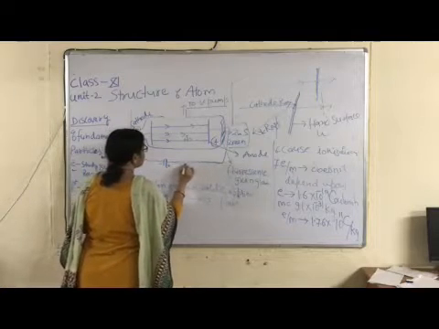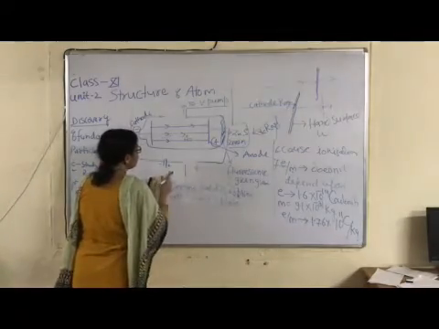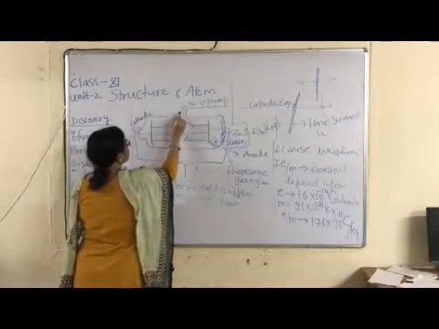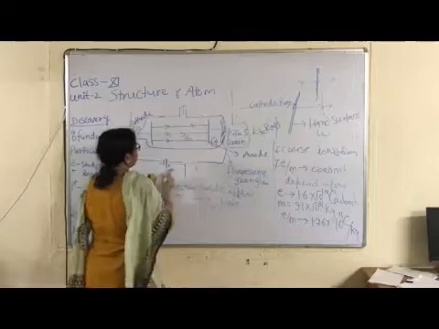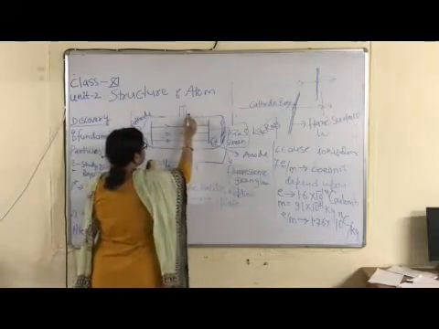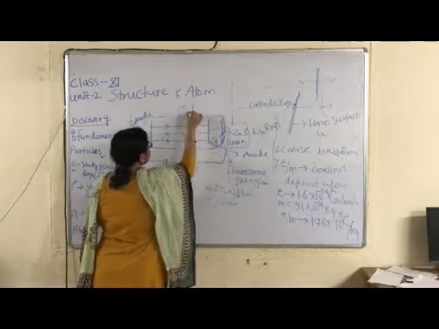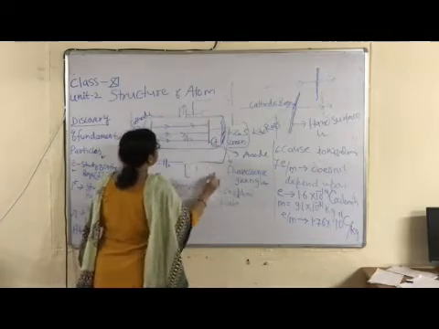Like this. This is the positive plate of the applied electric field. And this one, in the same direction, anti-parallel, is the negative plate of the applied electric field, right?